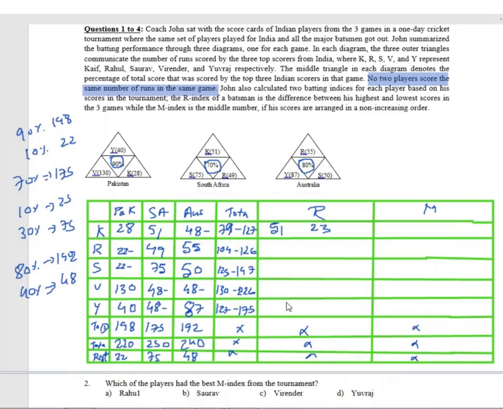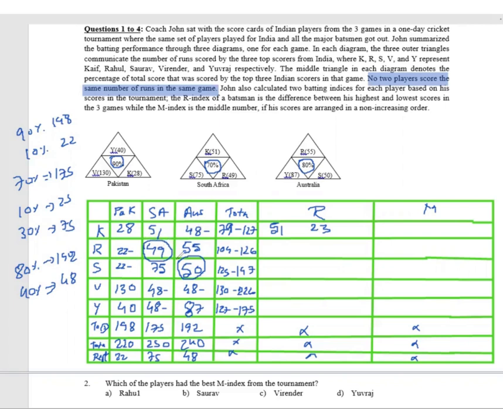Next one. Which player had the best M index in the tournament? Best M index, the middle score best. Well, if you see, Saurabh's middle score is 50, confirmed. Rahul's middle score is 49, confirmed. And even if Kaif's score is more than 28, it cannot beat 49 or 50.